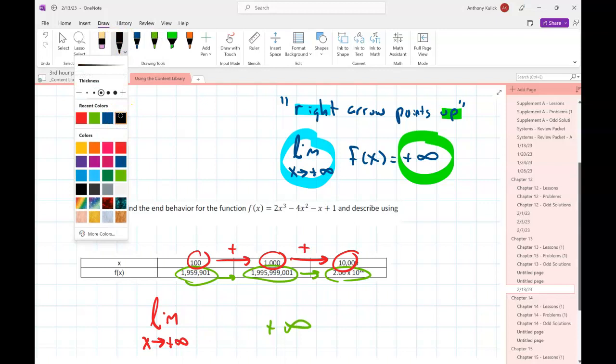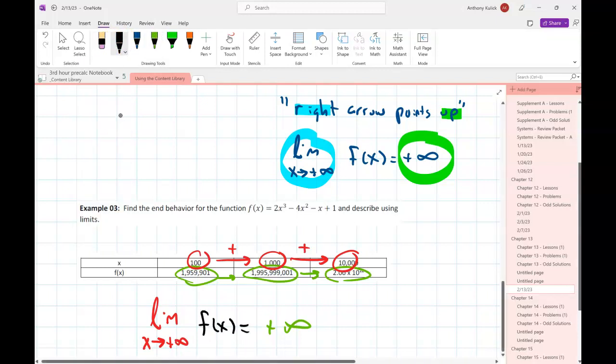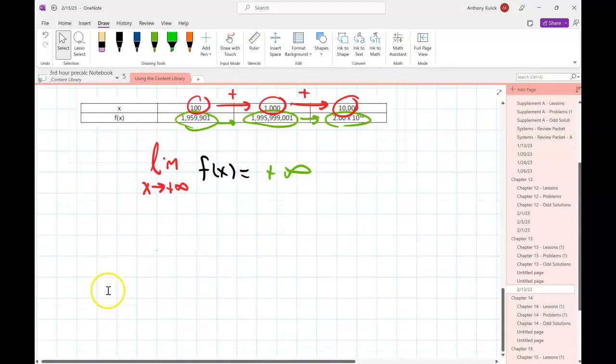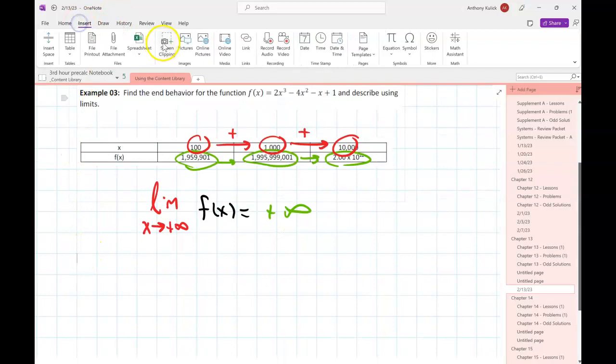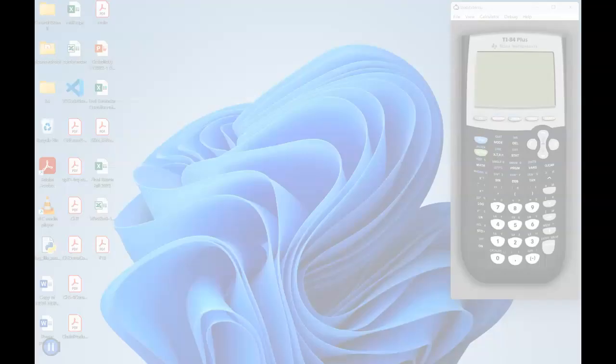Well, you should do it for both ends of your graph. So then I could also look at my negative values in a table.